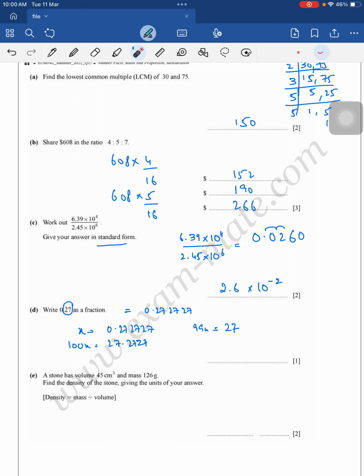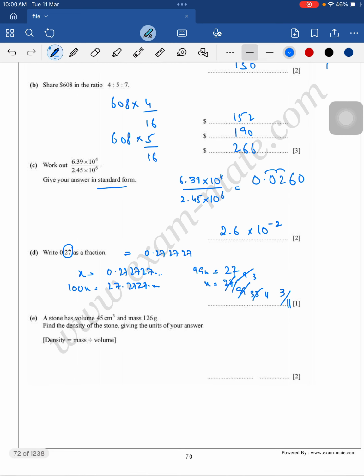Clear? So x is equal to 27 upon 99. Now you see 27 and 99 both are multiples of 3. 3 9s are 27, 3 33s are 99, again 9 and 33 are multiples of 3. 3 3s are 9, 3 11s are 33. So the answer is 3 upon 11.